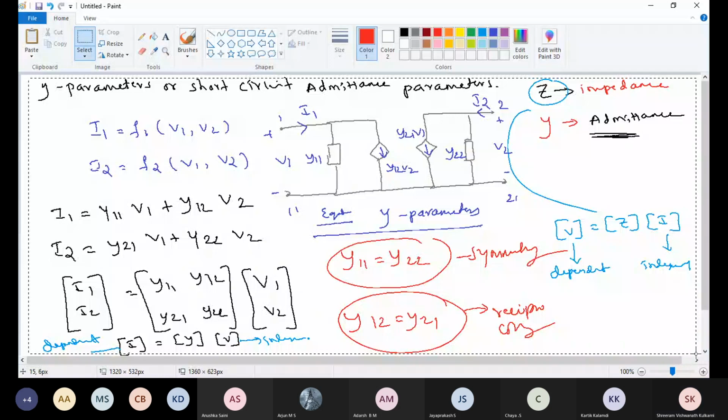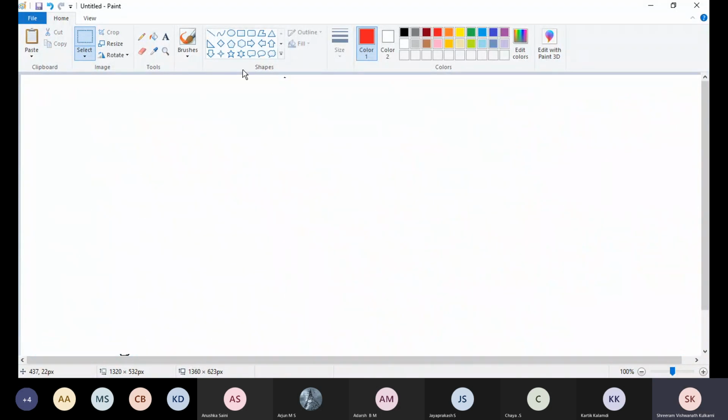Now, for solving problems, I'm going to write those equations. See here, first one, A, Z in terms of Y; B, Y in terms of Z.